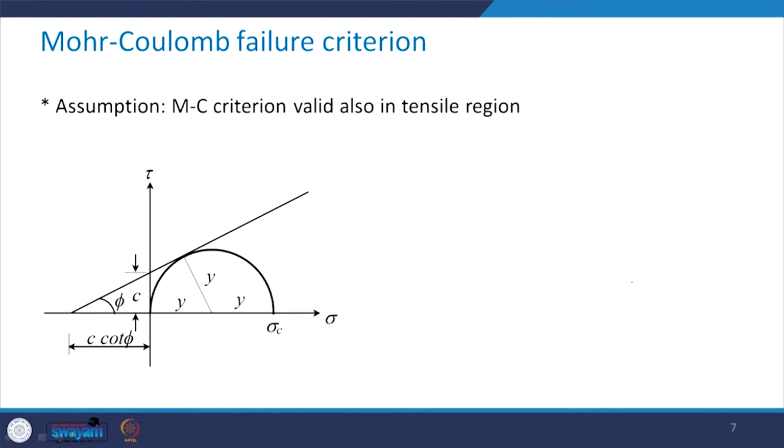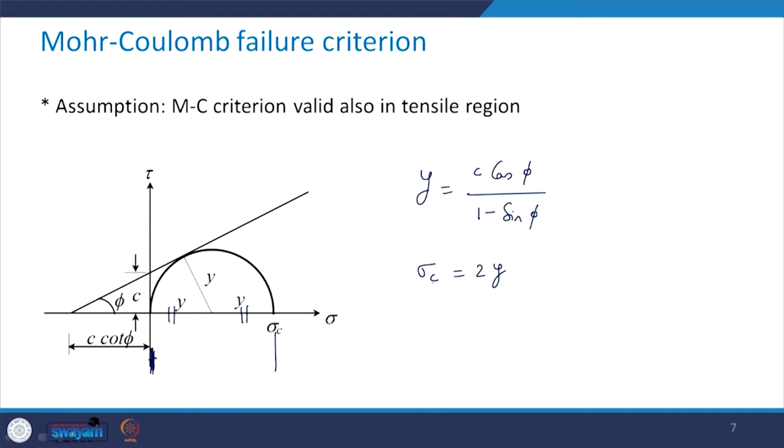Similarly, for the uniaxial compressive strength test, we have y equal to c cos phi upon 1 minus sine phi, and in this case sigma c will become equal to 2 times y, because this distance is y and this distance is y, and from here to this distance is sigma c.